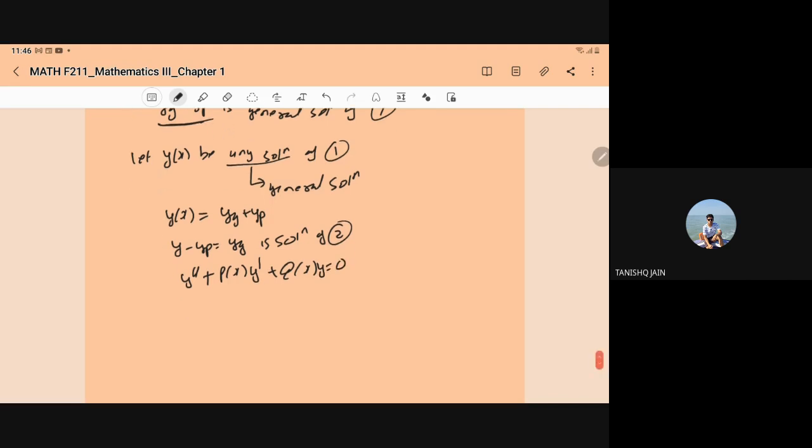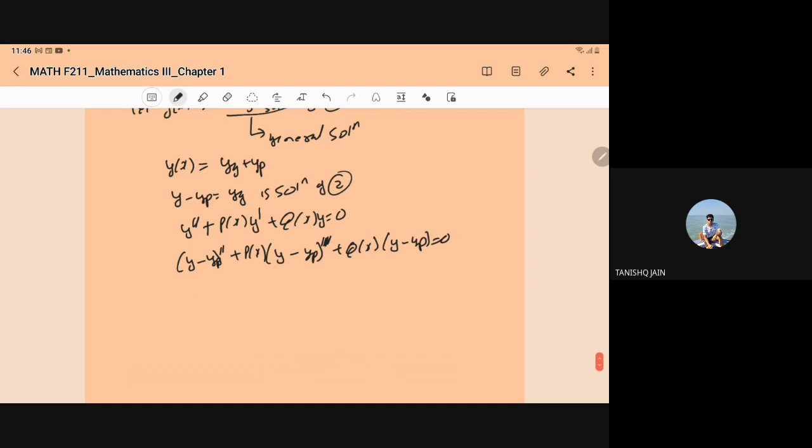So it will come, (y minus Yp) double dash plus p(x) (y minus Yp) single dash plus q(x) (y minus Yp) is equal to 0.